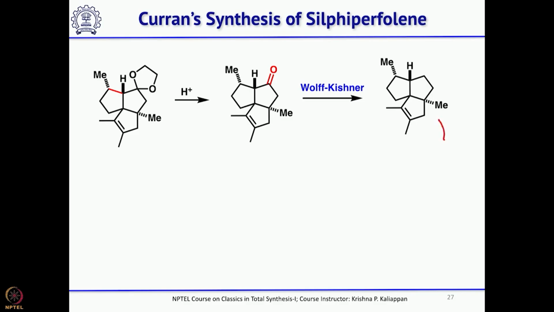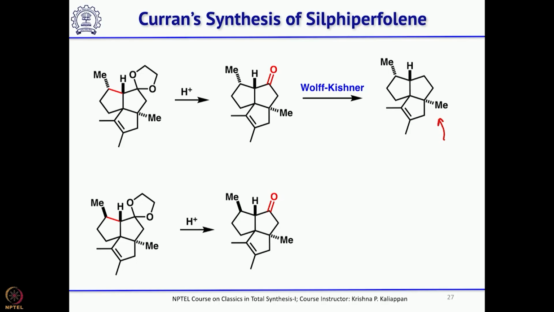So that's how you could complete the total synthesis of Silphiperfolene. The epimer also was made, where the ketal was removed and Wolff-Kishner reduction gave the corresponding epi-Silphiperfolene.